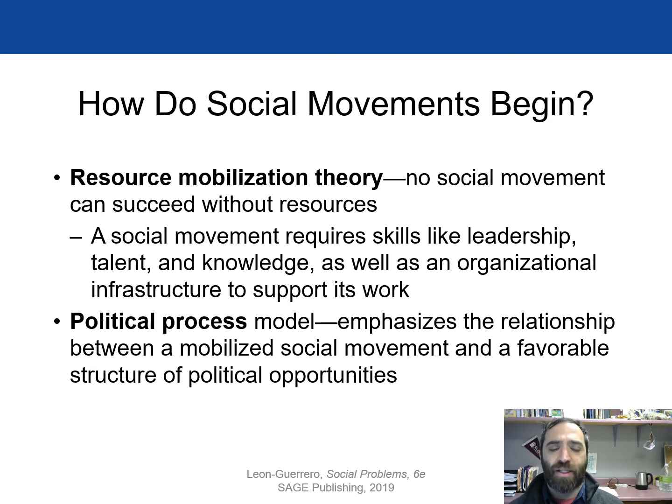There are politicians that are typically not in a position of great power, and so they need something to push them into the spotlight. Maybe they're in power, but they're worried about losing power. And so there are some politicians who are going to grab hold of a social movement and say, I want to be a part of this. This is something that I can get behind.